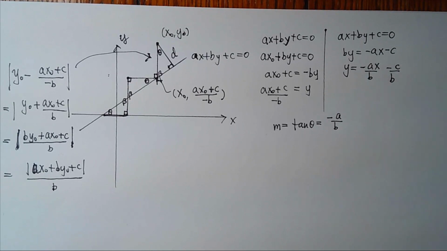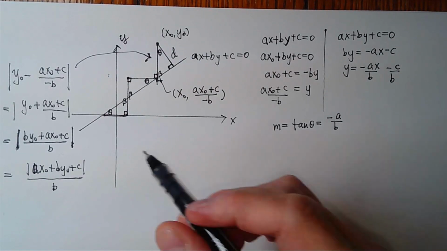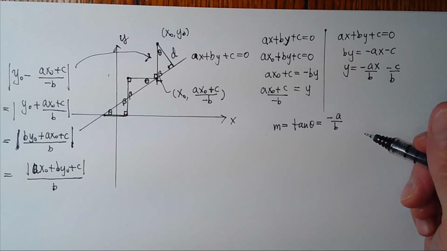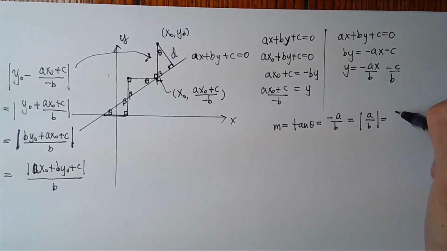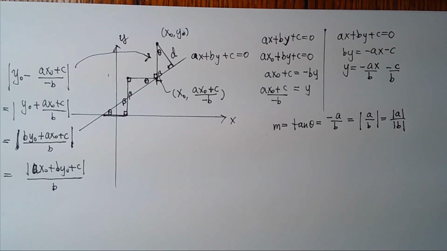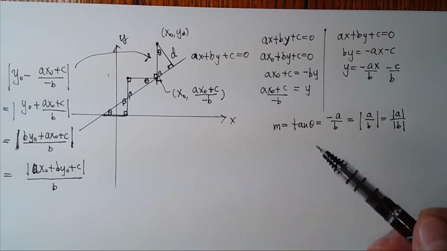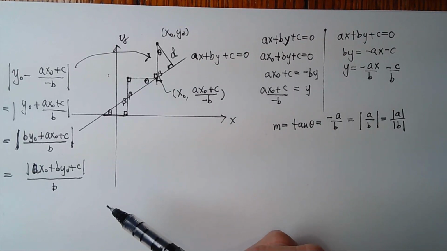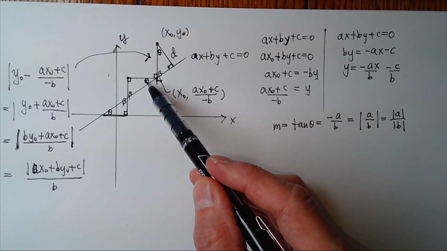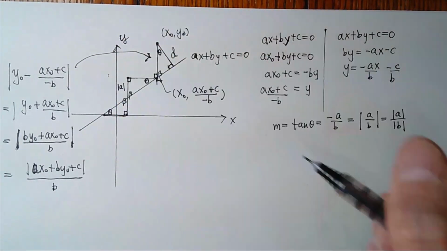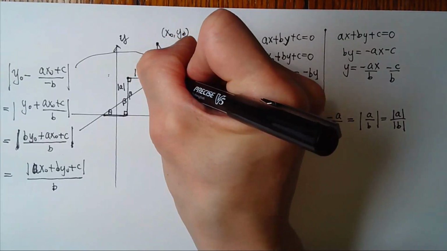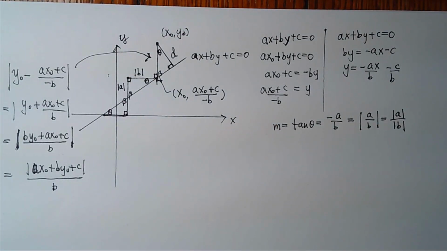That is the slope of the line. Now, since we are dealing with an acute angle here, I would take the absolute value of a over b, the absolute value of A over the absolute value of B, because I want to deal with the length of the segments here. So tangent theta equals the opposite side over the adjacent. So this one will be the absolute value of A, and this one will be the absolute value of B. All right.